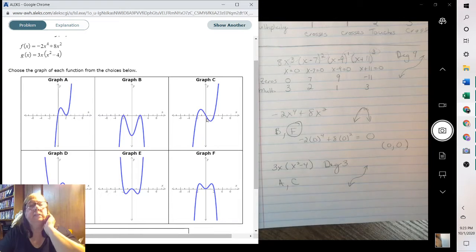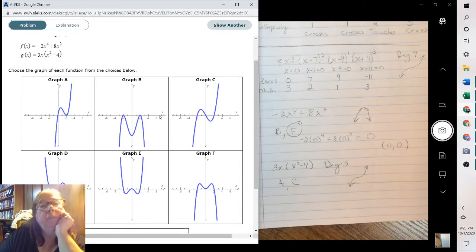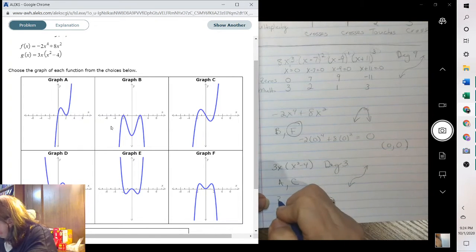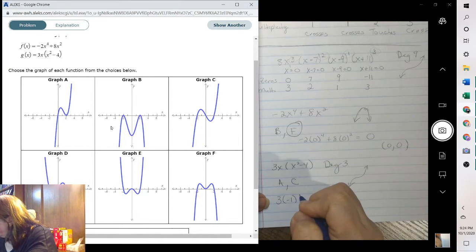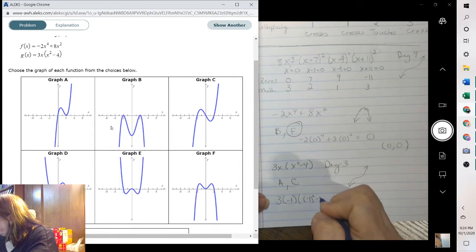We'll see what's the difference in them. Well, they're both going through the origin this time, so that's not going to help us. Maybe if we plug in negative 1, notice negative 1 is negative here, but positive here. So plug in a negative 1. 3 times negative 1 times negative 1 squared minus 4.